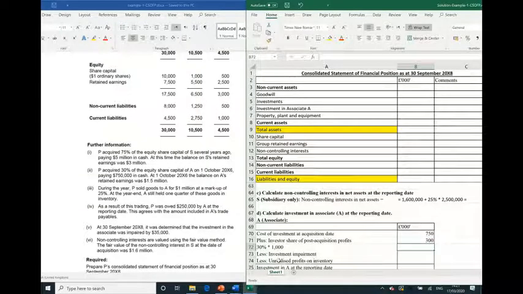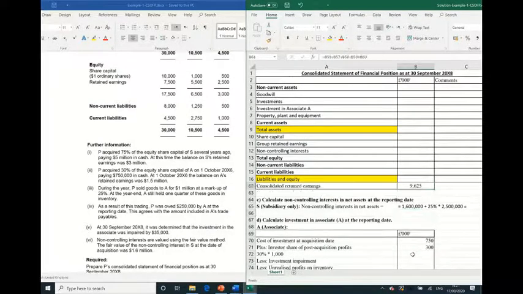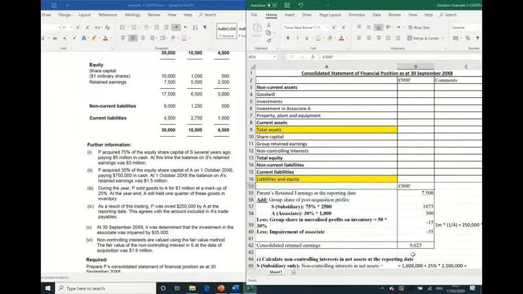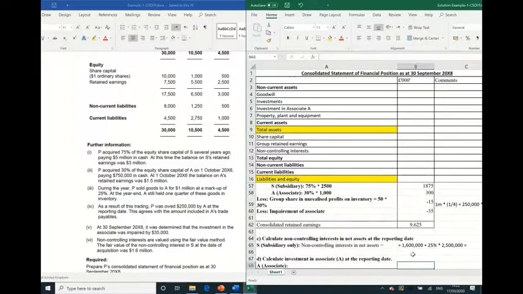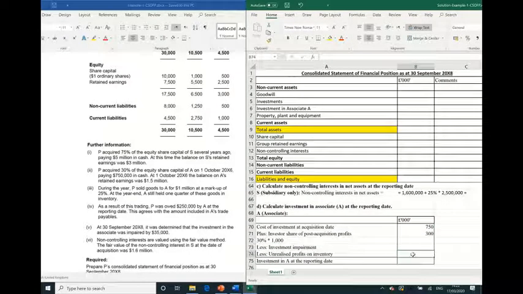And then less the investment impairment, which is mainly given in additional information number V. We already have it before when we calculated the group retained earnings. So we have 30 minus 35, this will be here again, minus 35.